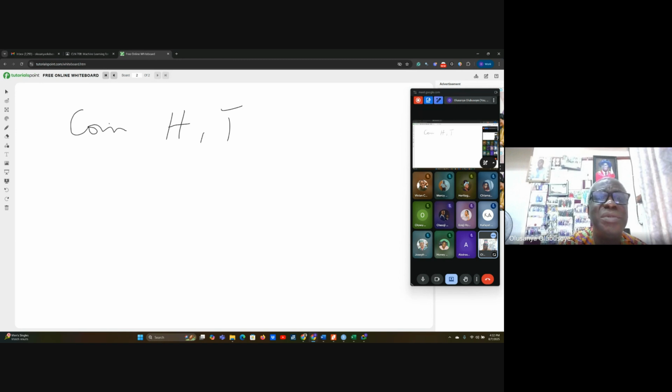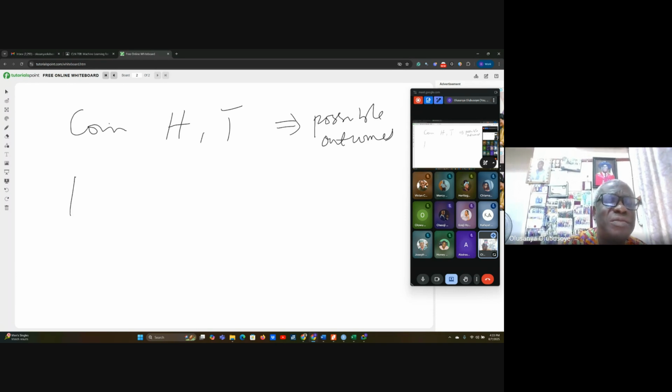When you toss the coin, these are the possible outcomes. If the coin is fair, which means it's not loaded, then you can talk of the probability of a head occurring.